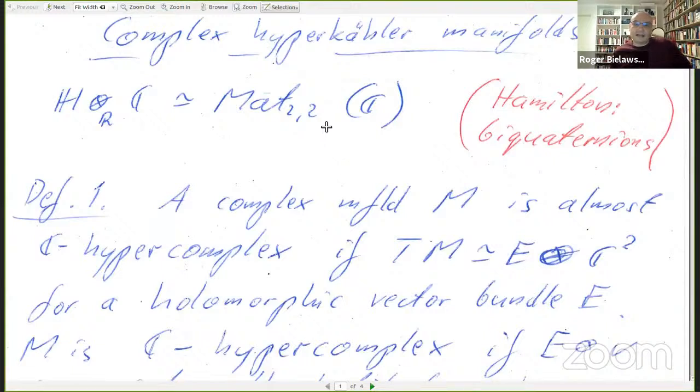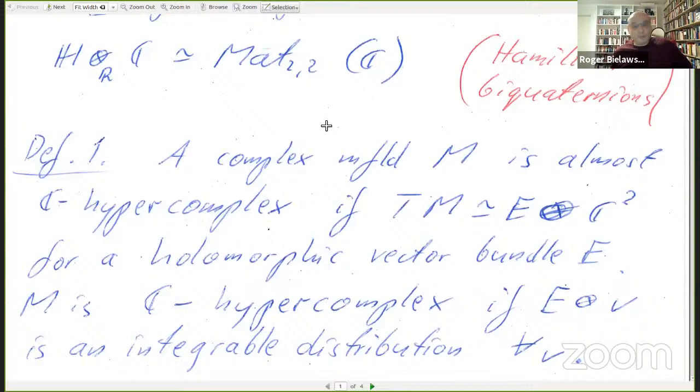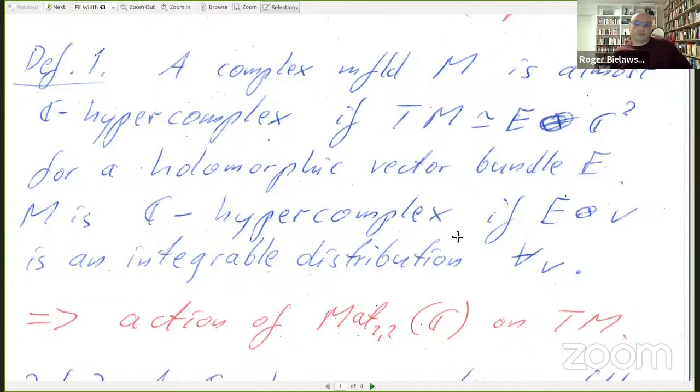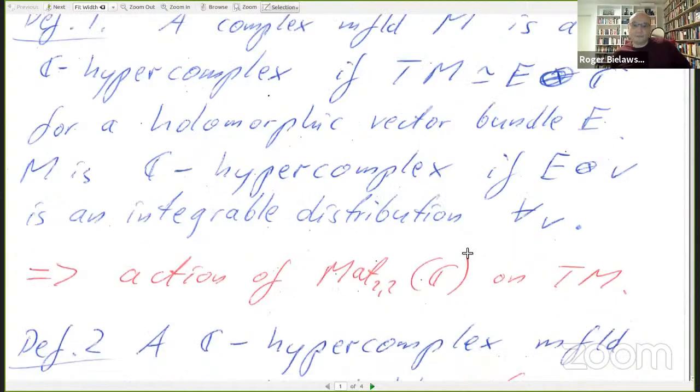We define an almost complex hypercomplex manifold, which is too much to say, so I call it C hypercomplex, if the tangent bundle is the tensor product of the trivial C2 and a half-rank holomorphic vector bundle. Then M is C hypercomplex if for every non-zero vector in C2, this rank 2 subbundle is an integrable distribution. So we get an action of 2x2 complex matrices on the tangent bundle, which is somehow integrable.